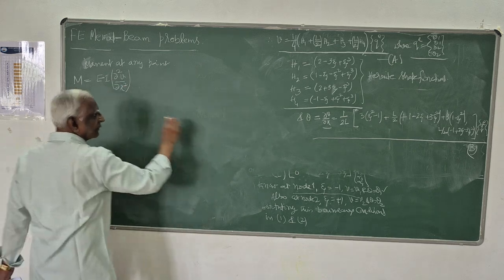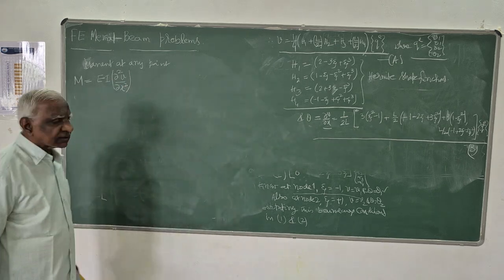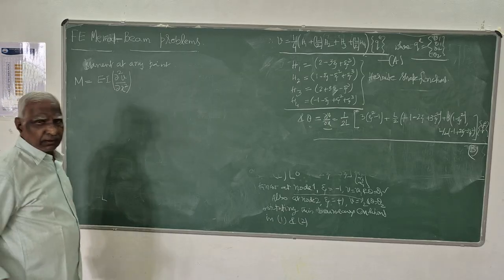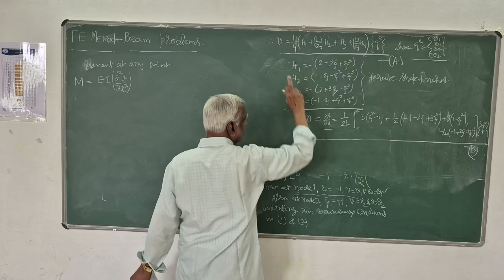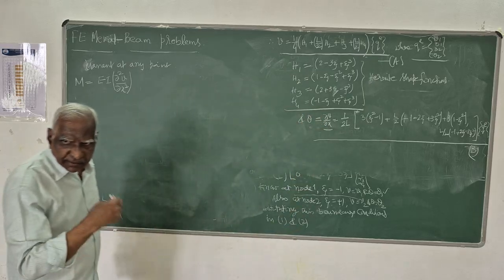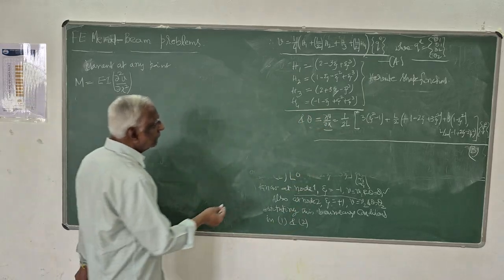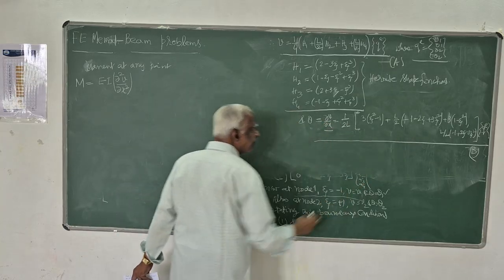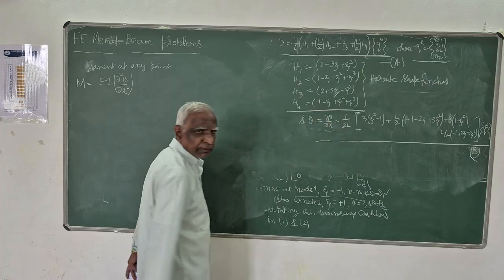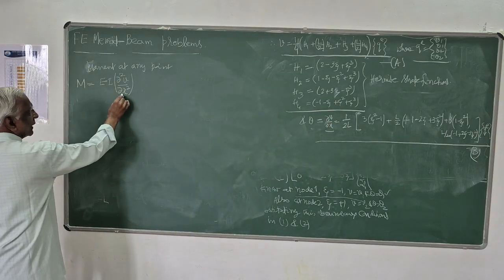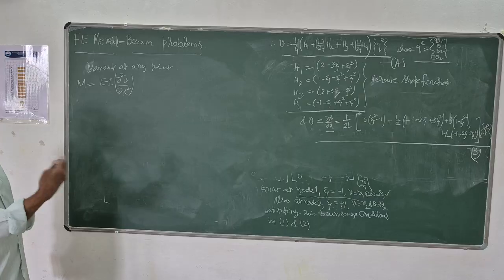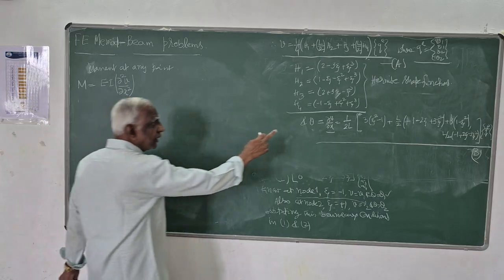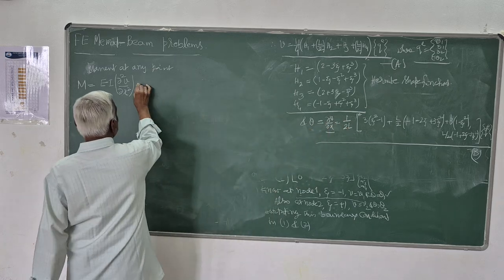So this equation B you can differentiate with respect to x again. Either you differentiate B twice or theta once. As said before, this is a function of xi, but we have to differentiate with respect to global x, so we have to use the Jacobian again. So we multiply by 2 by L into 1 by 2L.